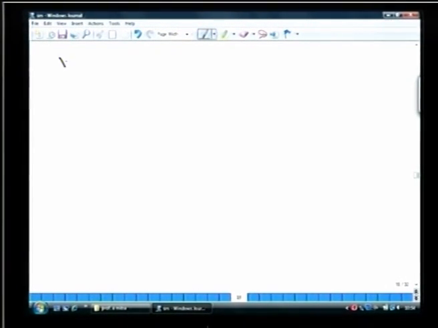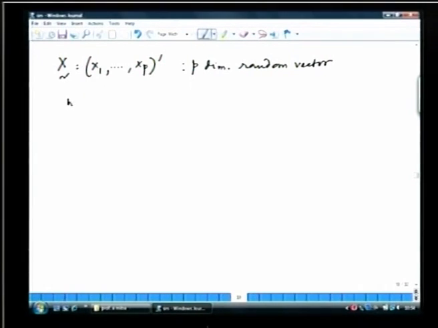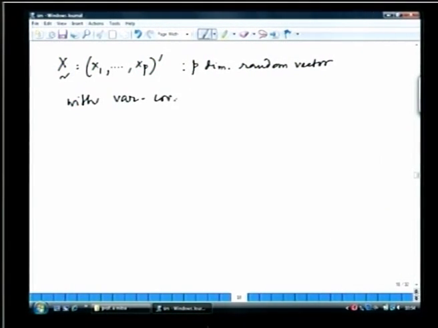So what we have is the random vector x, which is a p-dimensional random data vector, x1 to xp, with variance covariance matrix sigma.